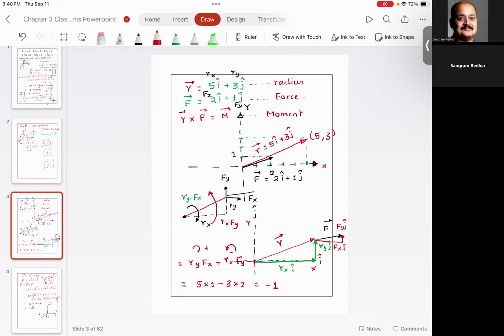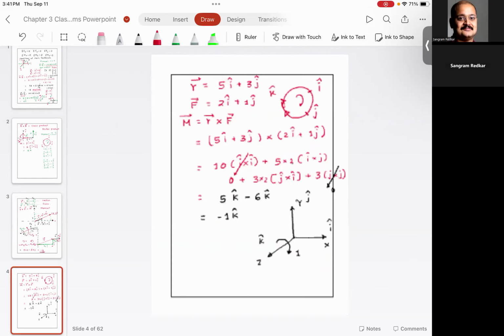So Rx and Fy, this is positive, and this is minus. So do you get -1?